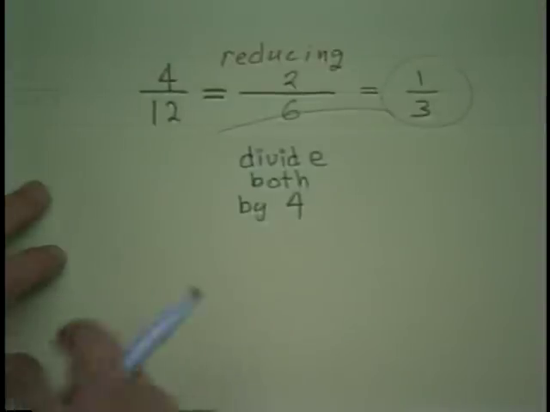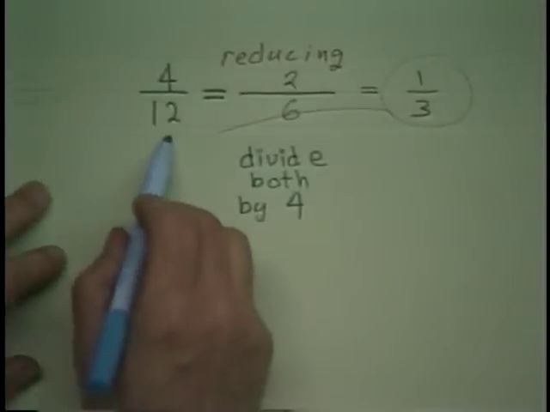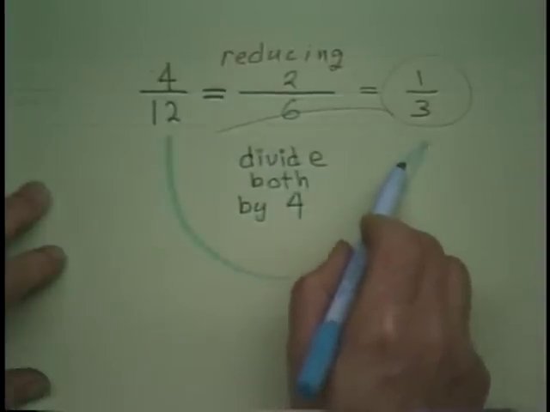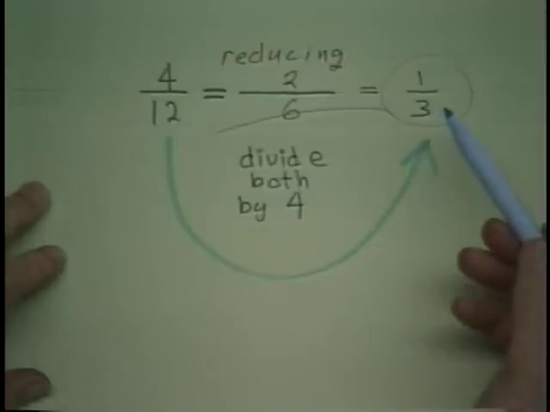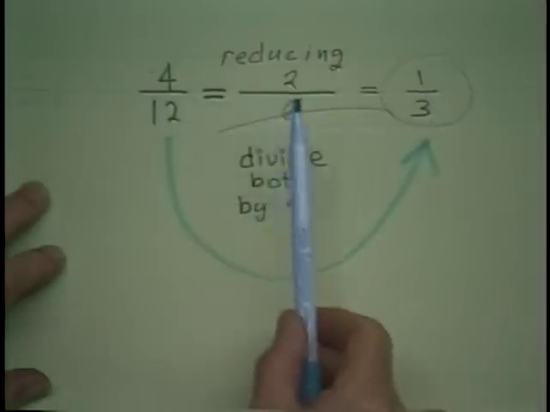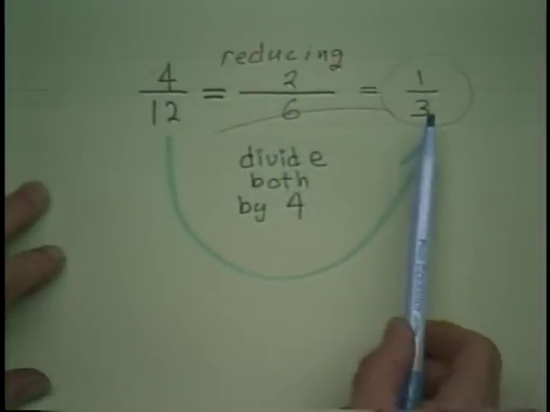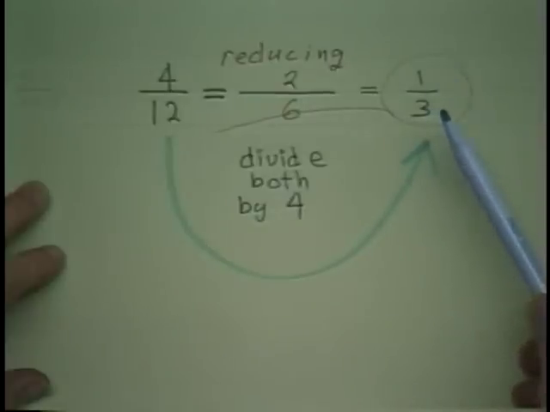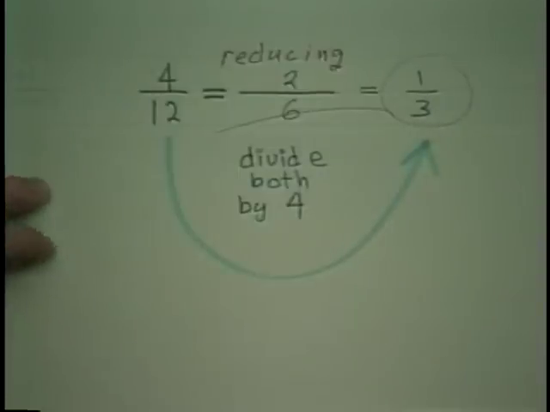Now, as an aside, had we divided both of these, top and bottom, by 4, we could have gotten to the lowest reduced form in one move rather than 2. However many moves you take is irrelevant, as long as what you end with, the numerator and denominator, is no longer divisible by any common factor or divisor.